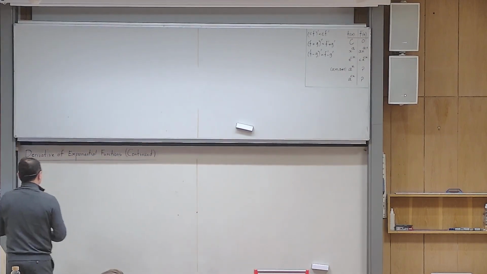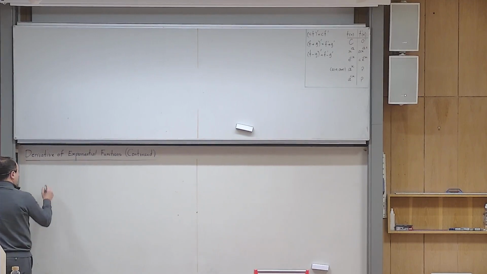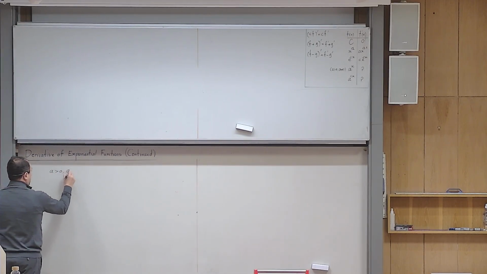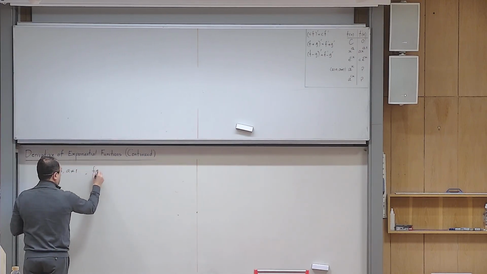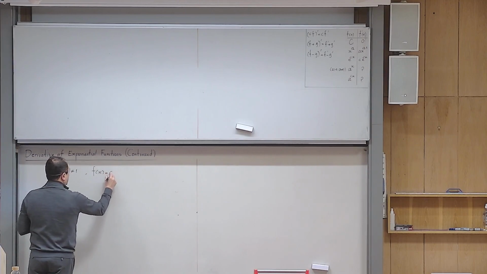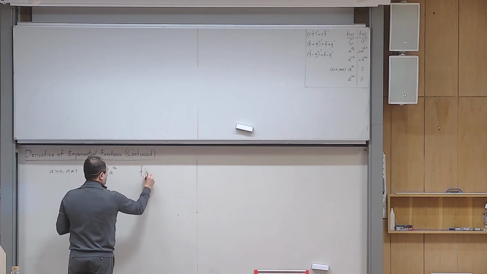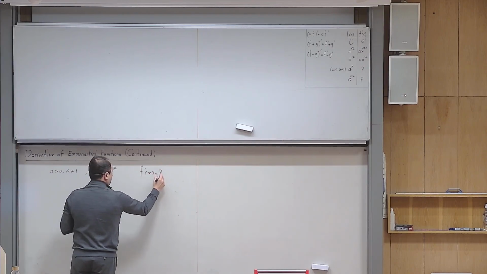So we started with this question. a is a positive number. a is not equal to 1. And then my function f of x is equal to a to the power x. We were supposed to answer the question of what the derivative of this function is.